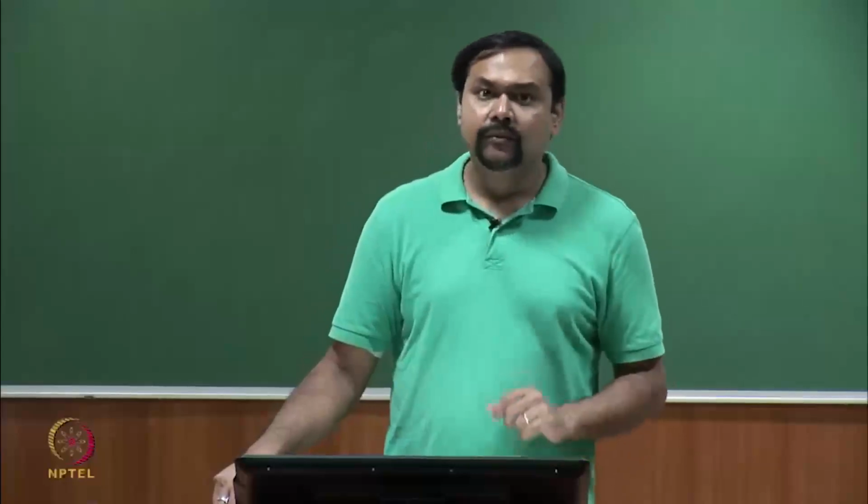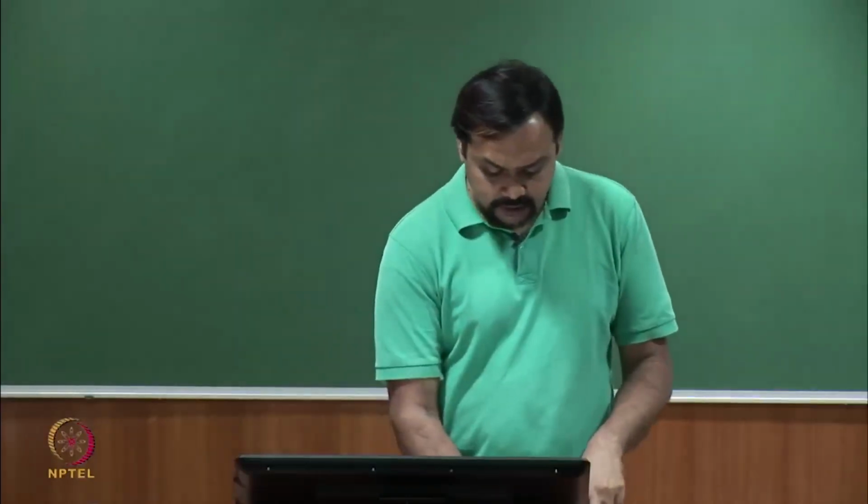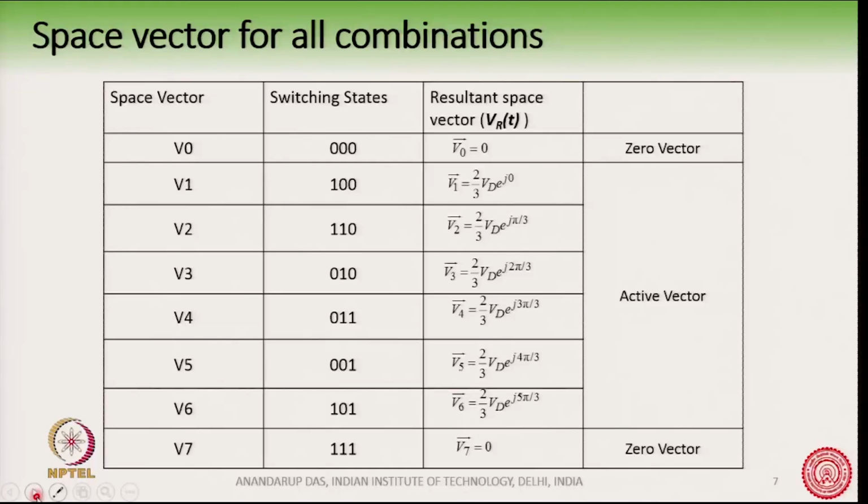So, similarly for all the other switching state combinations, we can deduce the resultant space vector, and this is shown here in this table. For example, V1 is this 1 0 0 and the resultant space vector is 2/3 Vd e^(j0).